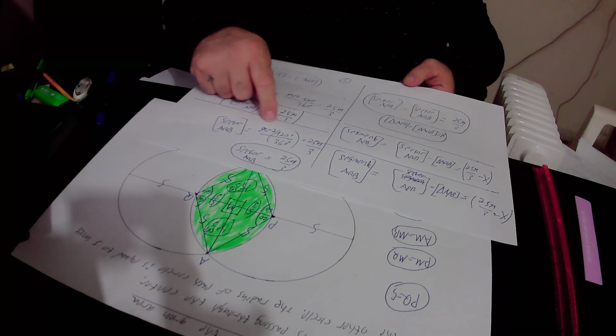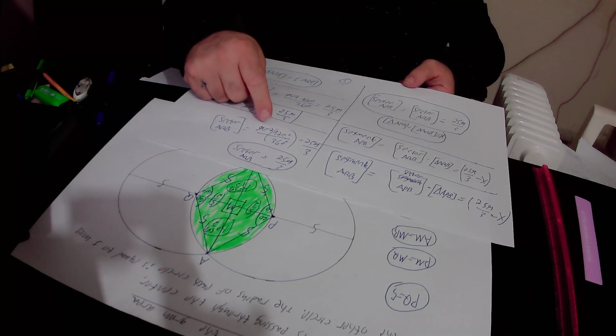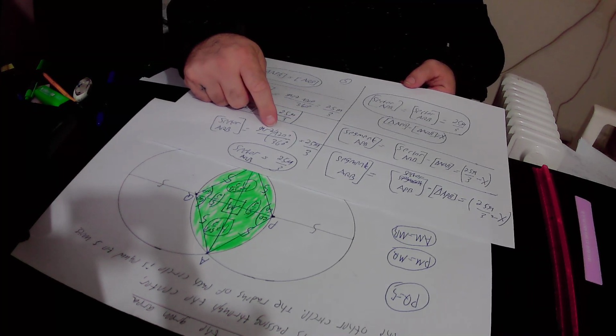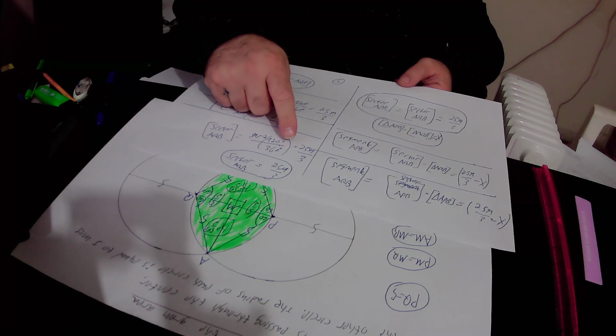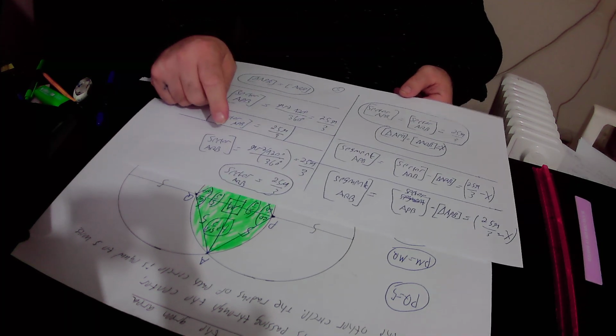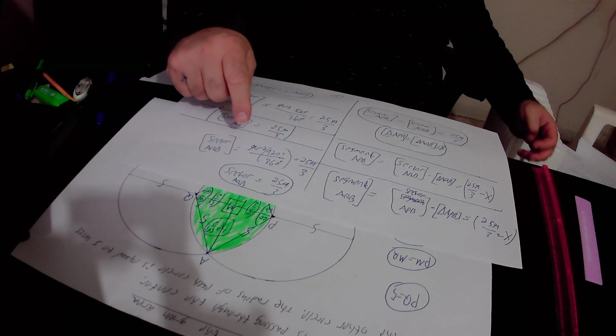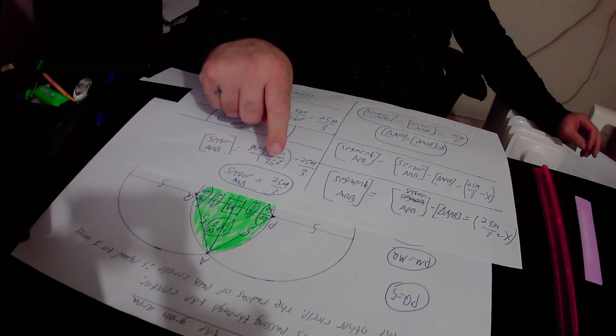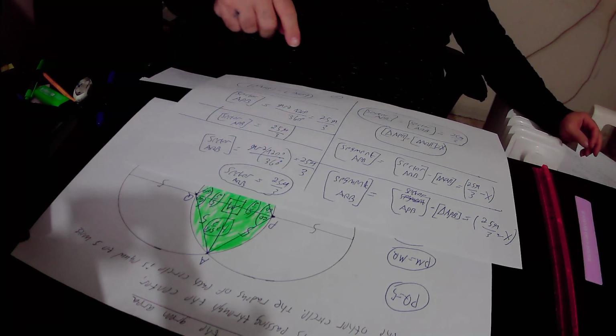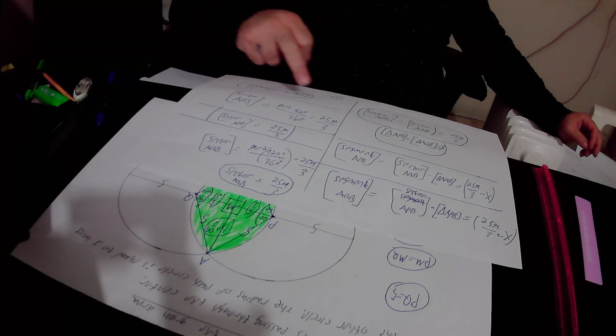So in the numerator we have 25 pi. And 120 degrees over 360 degrees is 1 over 3, so in the denominator we have 3. So in conclusion, the area of sector AQB also equals 25 pi over 3, exactly as the area of sector APB.